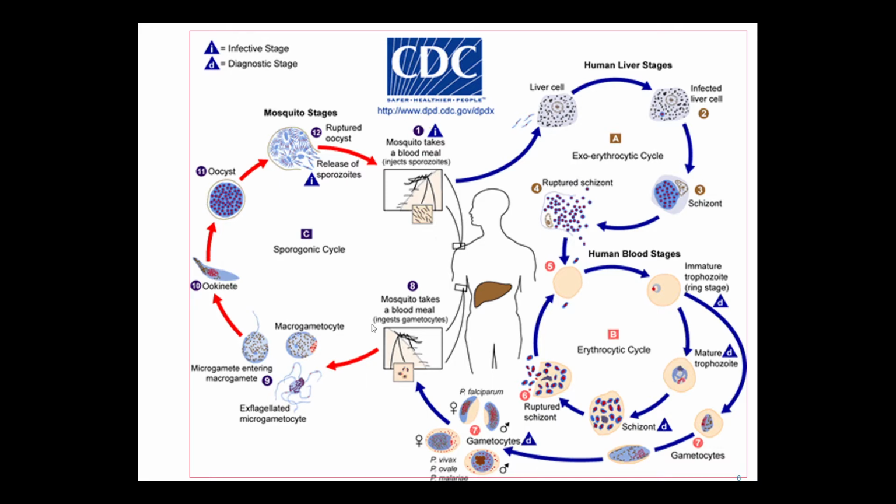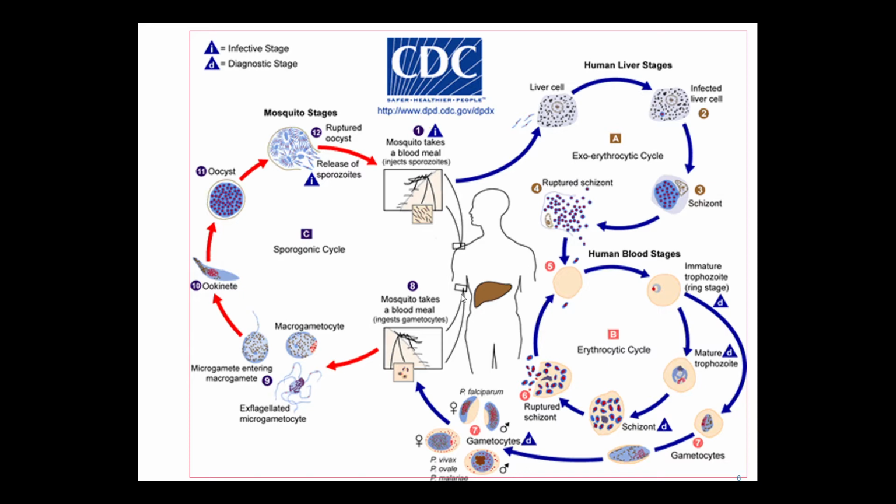Then the flagellated microgametocyte fertilizes the macrogamete, and they go into the sporogonic or sexual cycle, go to oocyst and release sporozoites into the mosquito's sucking apparatus. And so the mosquito takes a blood meal and injects sporozoites into a human.